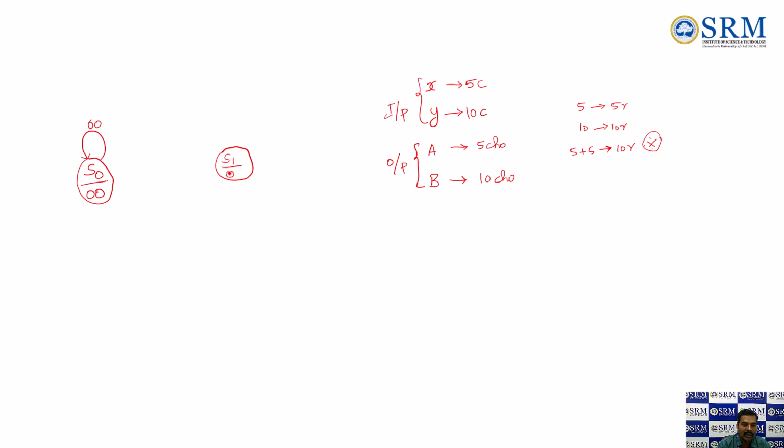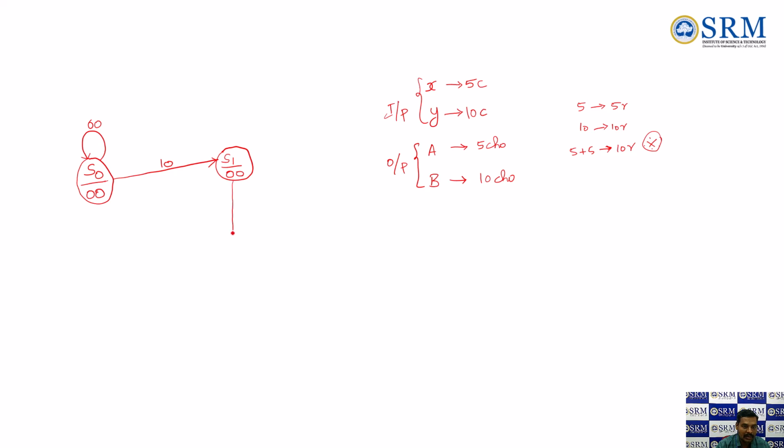If it is not done, then it has to be dispensed. So no outputs. You won't have any chocolates when your input is 1 0. That is, this represents 5 rupee, this represents 10 rupee. I'm not inserting 10 rupee, I'm inserting just one 5 rupee coin. At that time, the machine does not dispense any chocolates, right?